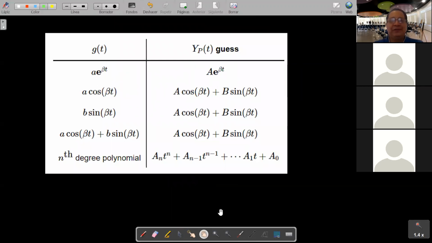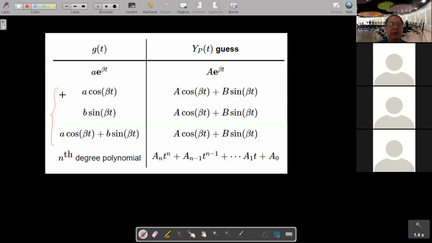So in this table, you can see the three basic kinds of functions that we can use undetermined coefficients on. In fact, this is just one kind of function.